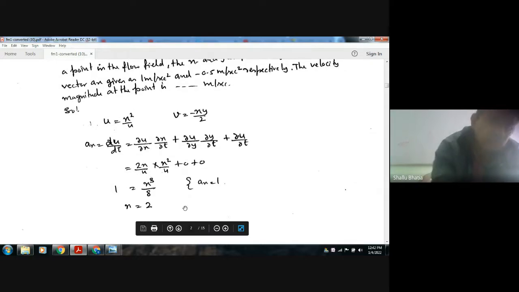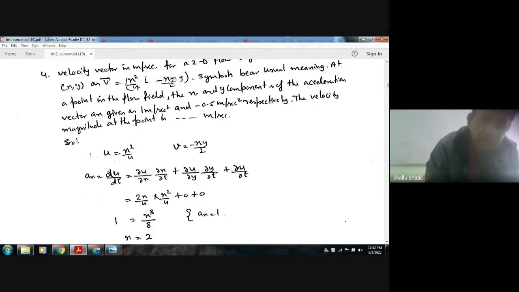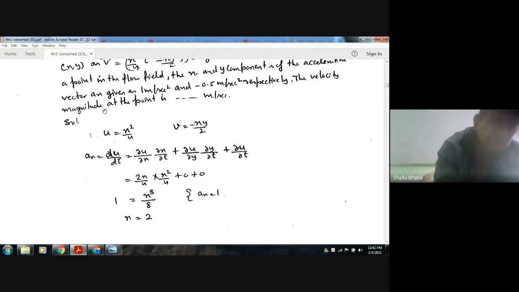Okay. So your u is x square by 4, and this is your v, minus x y. So ax is du by dt. The expansion of this is curly u by curly t, plus u curly u by curly x, plus v curly u by curly y.